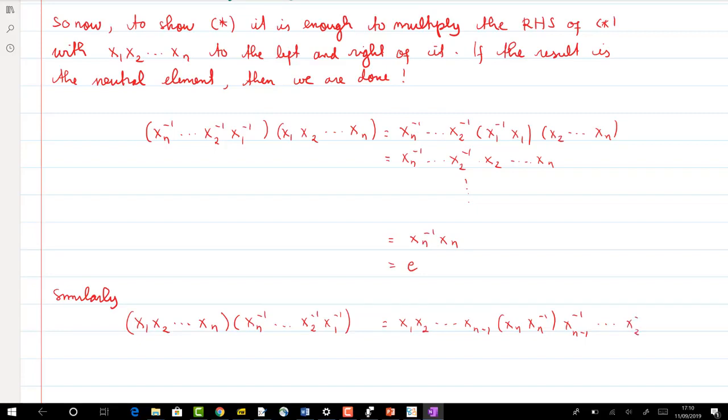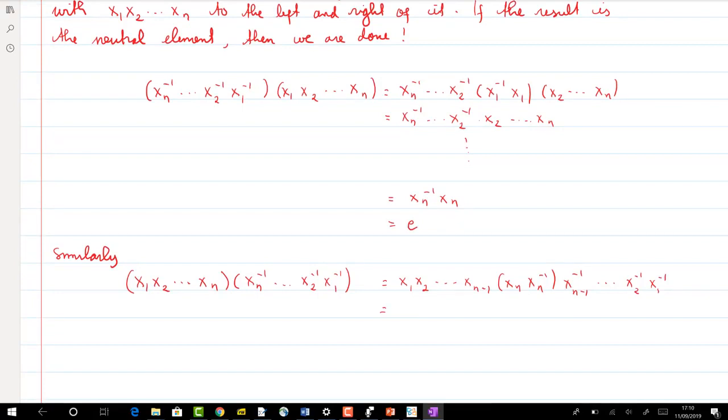And we know any element of group, if we multiply with its inverse, we get the neutral element. And anything times the neutral element, so xn minus 1 times the neutral element, is xn minus 1, so we don't really need to write the neutral element explicitly.